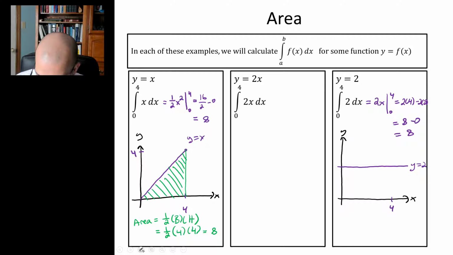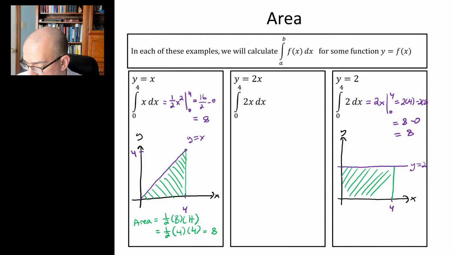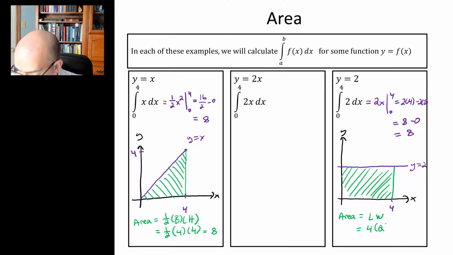Shade in the region, and then that's a rectangle. Well, area is length times width. Now the length is 4, the width is 2, so we get 8. It matches.